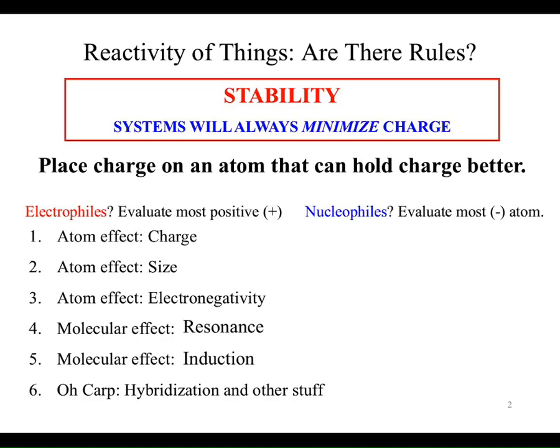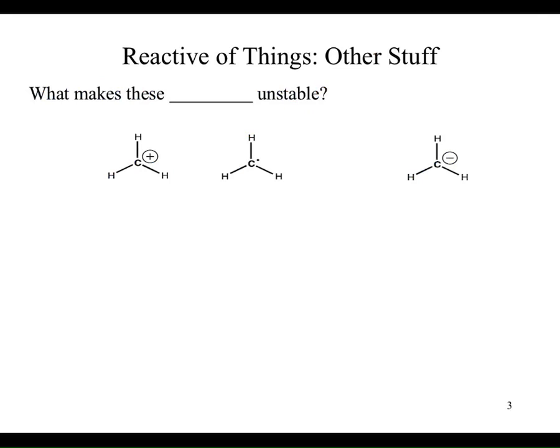So let's take a look at the bottom one, our other stuff category. If we take a look at these three species, what makes them unstable? Well, number one, we have a cation. It's positive. That's unstable. Number two, we have a radical. That's unstable. It's not charged, but it's unstable because we have that floating electron.